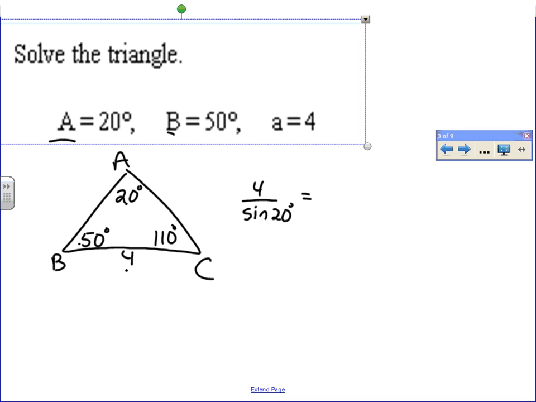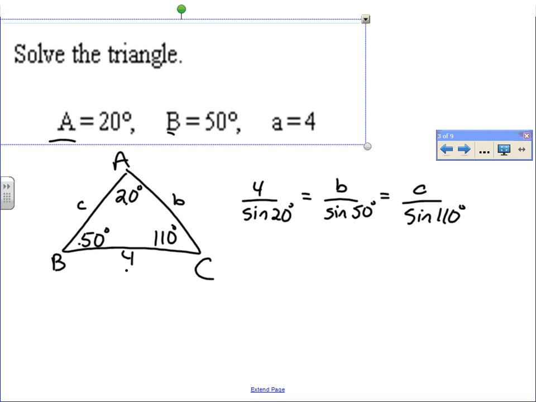And then b over sine B. Where would little b be? On the AC side, so right there would be little b, and right here would be little c. So b over sine 50, and c over sine 110.